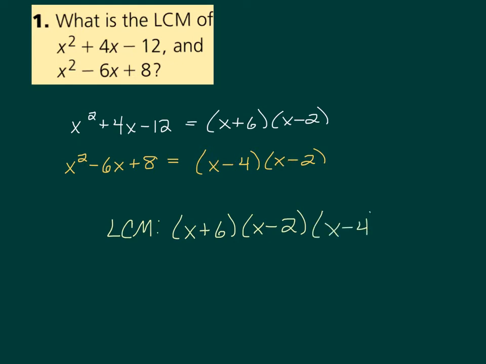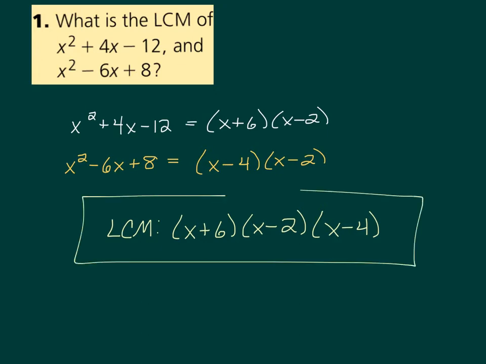The thing is, we already have an x minus 2 written down. There's no reason to write it again. Once you have done that, you have the least common multiple. Every factor from here and every factor from here, making sure to just not duplicate things.